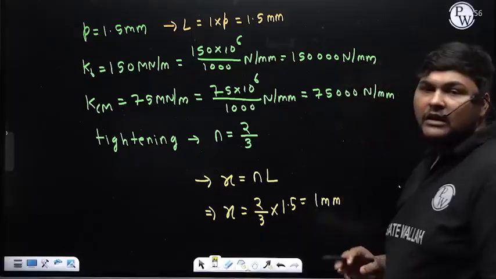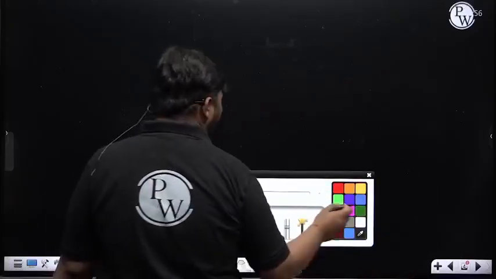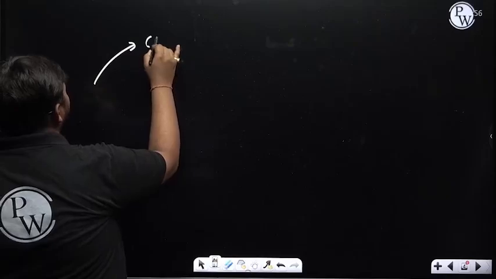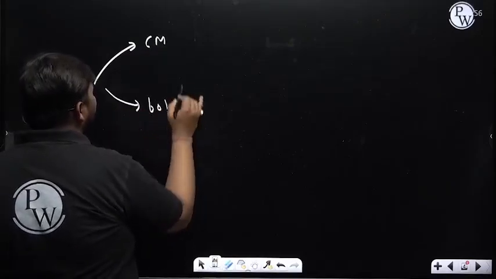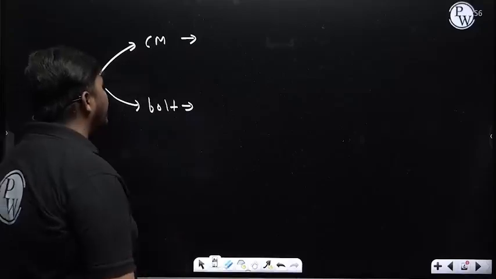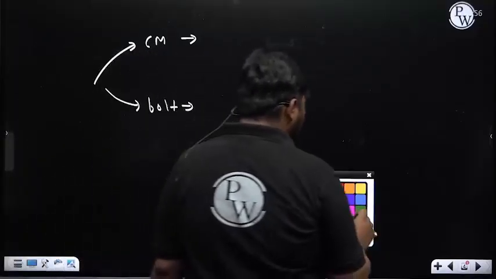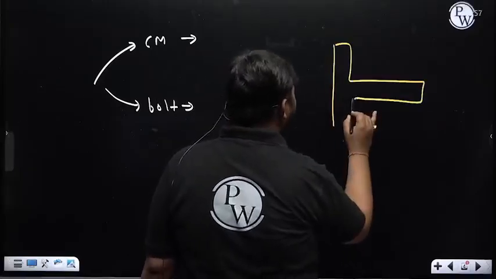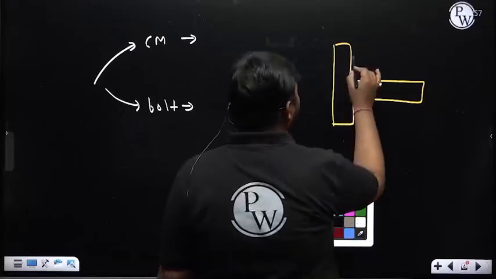Now due to this tightening, suppose the preload is Pi. We already know the magnitude of the preload, that is Pi, in both the connecting member and the bolt will be the same, only the nature will be different. In the bolt its nature will be tensile, in the connecting member it will be compressive. I already discussed in the class that due to preload, suppose this is the bolt, I am drawing just the FBD, and this is the connecting member.